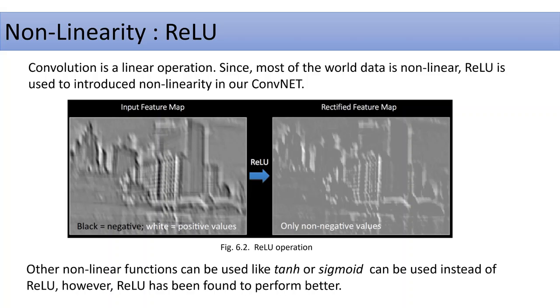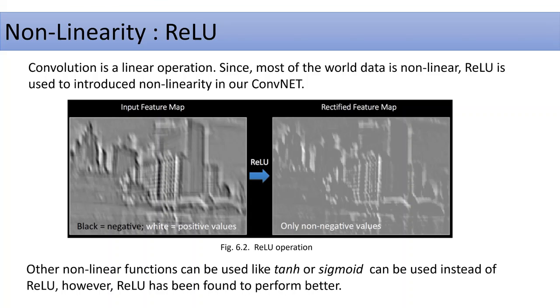So to incorporate non-linearity in our CNN, we need to introduce it, and that non-linearity is introduced by ReLU. We can also use other nonlinear functions like tanh or sigmoid, but it has been found that ReLU has performed better.